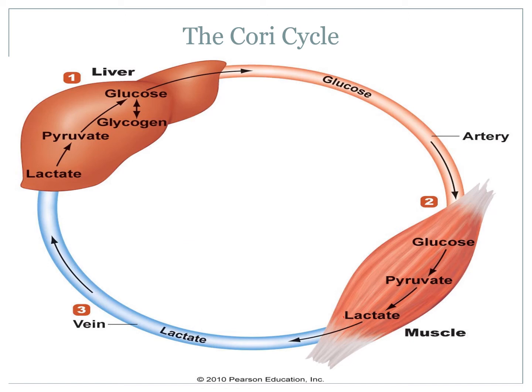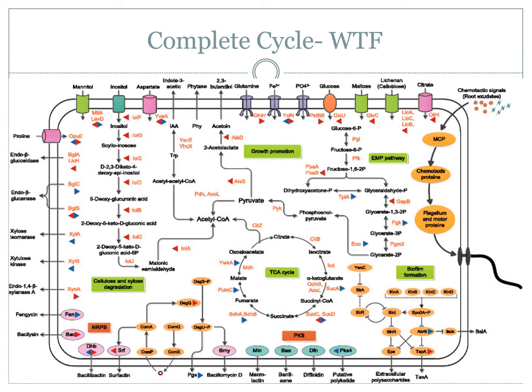Okay. I think it's time that we jump into what's known as the Krebs cycle. Now, this picture here has a little bit of the Krebs cycle in it, but this is your entire body's reaction and all the coenzymes involved in the production of a lot of different things.